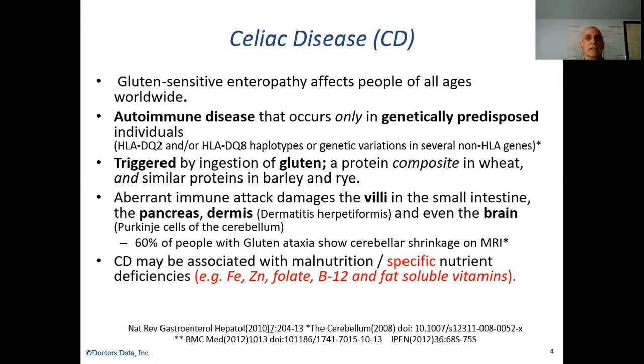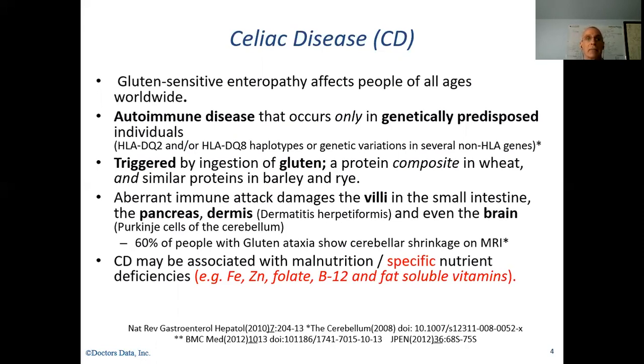Now, the disease is triggered, of course, by the ingestion of gluten, which is a very difficult to digest protein composite found in wheat and similar proteins in barley and rye.